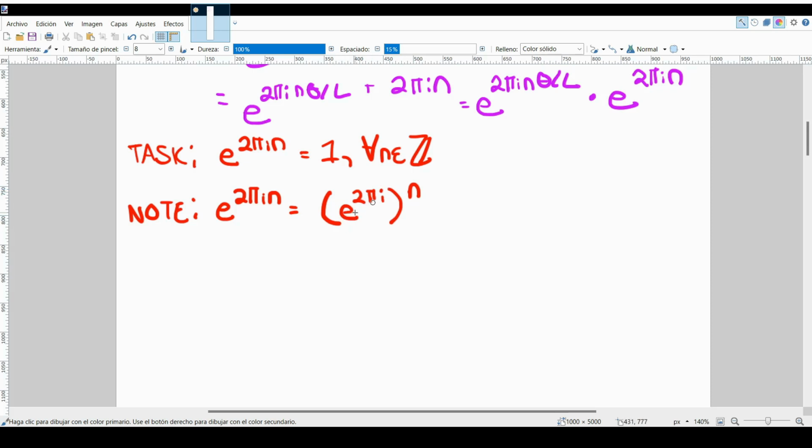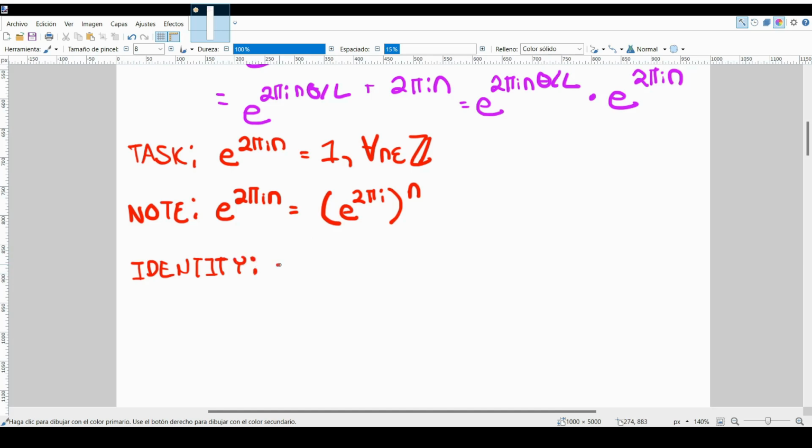Now, if we can show this term here is equal to 1, then obviously raised to the nth power it is also going to be equal to 1. And to show this, we're going to use a technique from complex analysis. This is just a general identity that's common in any 300 level complex analysis class.